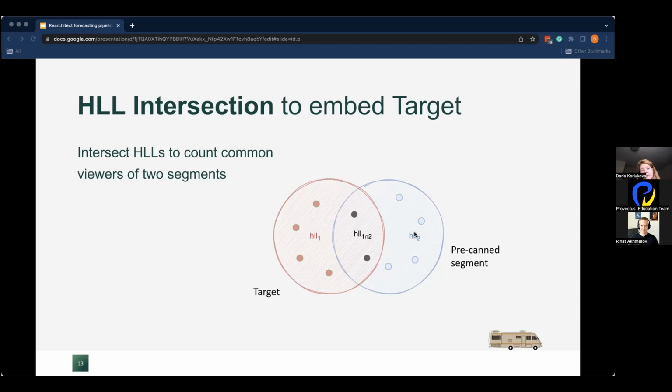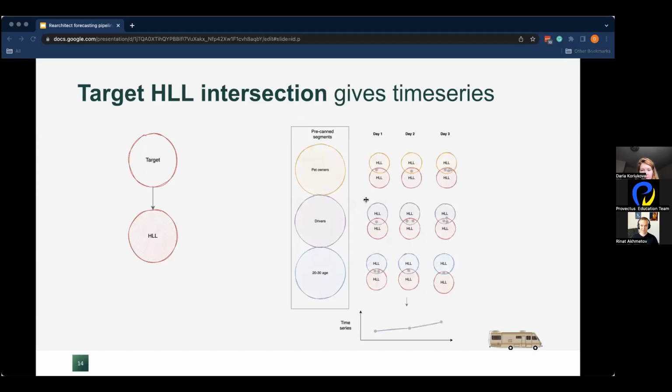And that's why we're able to intersect two different HLLs of two different segments or sets. That was the idea of how we are going to target with our precanned segment.